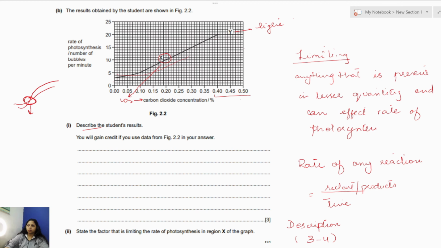The number of bubbles produced were three. Exactly, exactly.